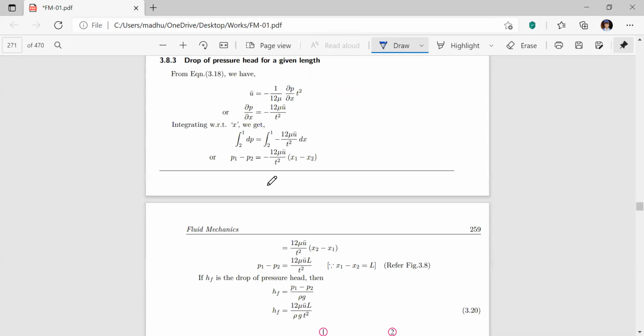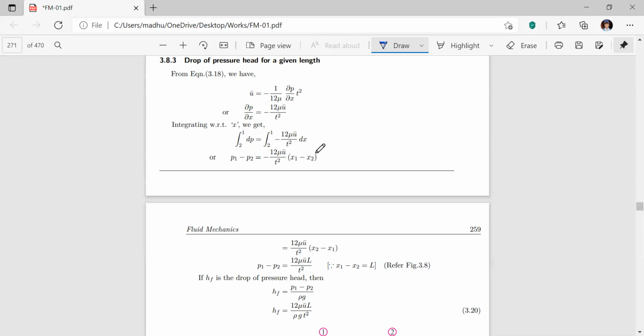So next one is the drop of pressure head for a given length. Now for u bar, dp by dx is the drop of pressure, or p1 minus p2 is the difference in pressure. We know that dp by dx is equal to minus 12 mu u bar by t square. We are interested in dp, that is p1 minus p2, after integrating from 2 to 1. On the right-hand side also we integrate from 2 to 1 over x, substituting the distance x1 minus x2.